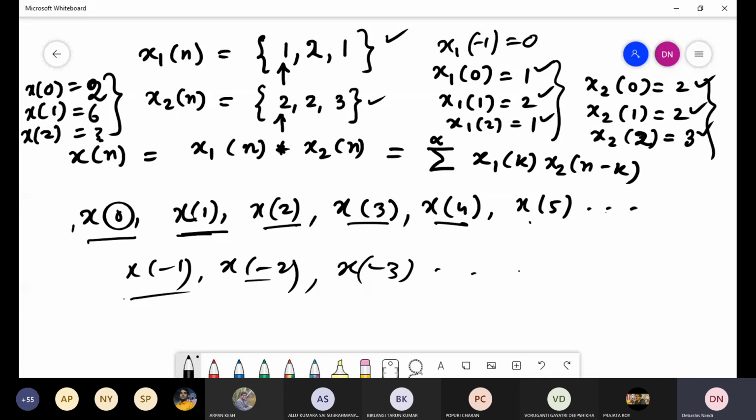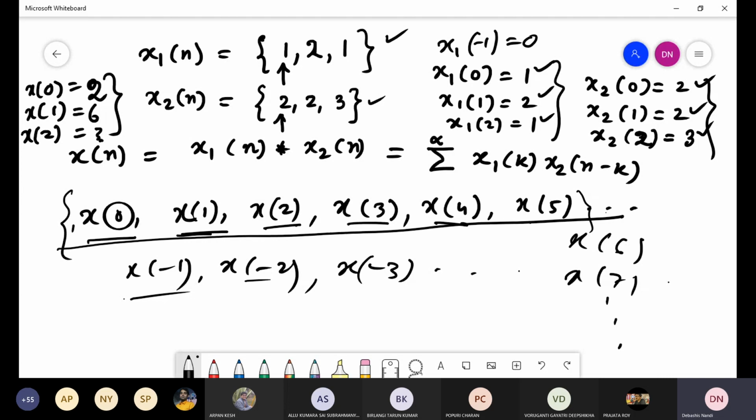For example, after n is equal to 5, x6 may be 0, x7 may be 0, and for all other values of n, x[n] will be 0s. So if only this many values are there, you just write the result that these are the values. So this is the new sequence which is obtained after this convolution operation.